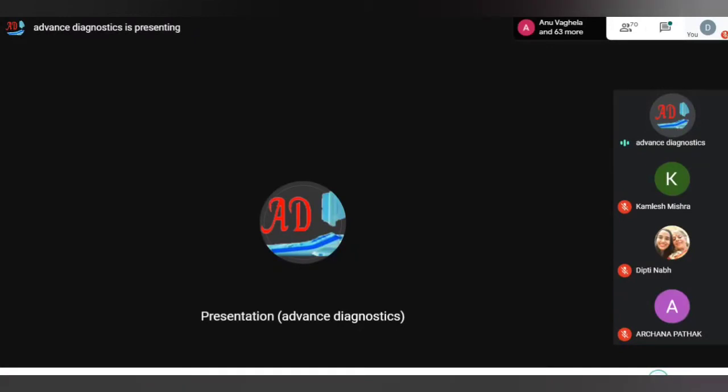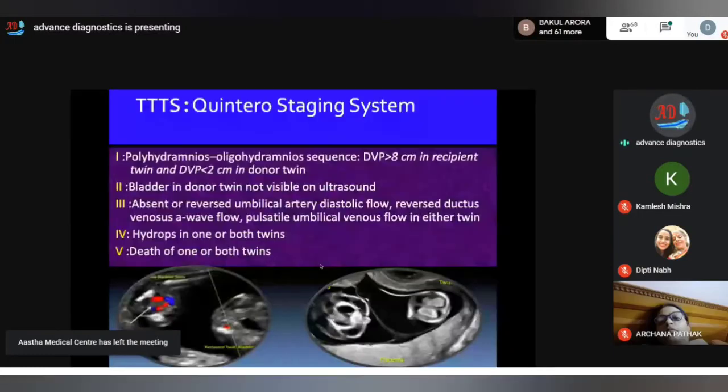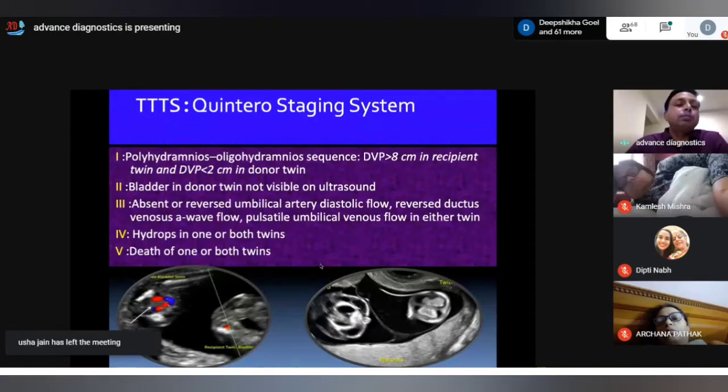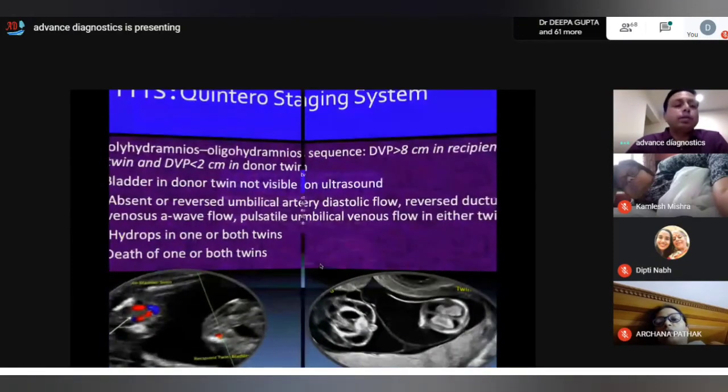Stage 4 is hydrops in one or both twins. And stage 5 is death of one or both twins. So if you are lucky and you are diagnosing it in stage 1, then the chances that you are saving 50% of this baby. That is why staging TTTS, diagnosing it early is very, very important.